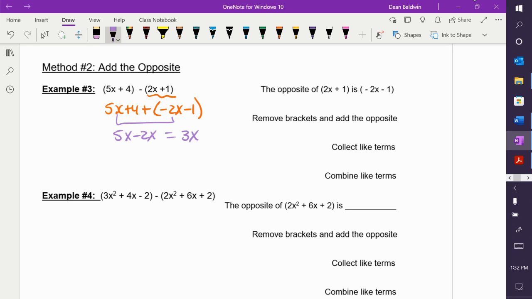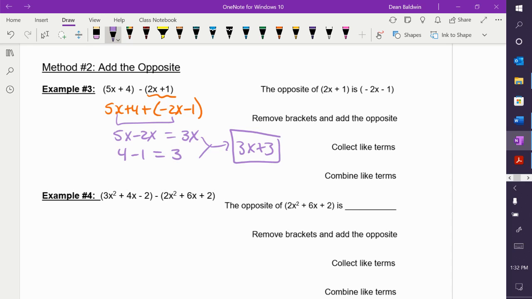So I get 3x. 4 and negative 1 is 3. So then you just put them together: 3x plus 3. And you don't have to draw all the tiles, which I don't really enjoy doing.